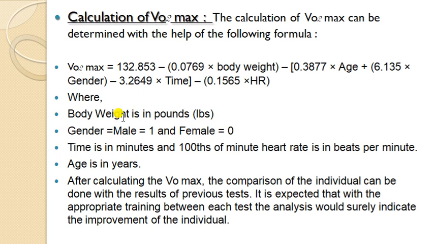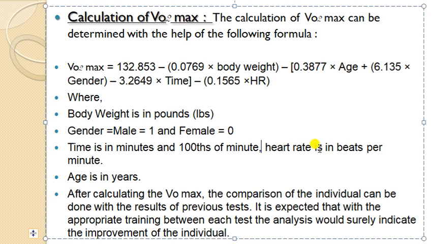Time is in minutes and hundredths of minutes, heart rate is in beats per minute, and age is in years. Now things are very simple. We just have to calculate, and the result will be our maximum volume of oxygen.